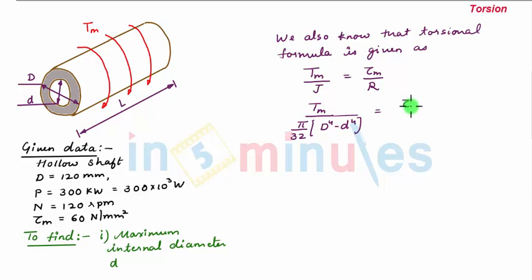This is equal to the maximum shear stress tau m upon the maximum outer radius of the shaft, which is D by 2. So now simply substituting the values of Tm, tau m and capital D, we can determine small d, that is the internal diameter of the hollow shaft.